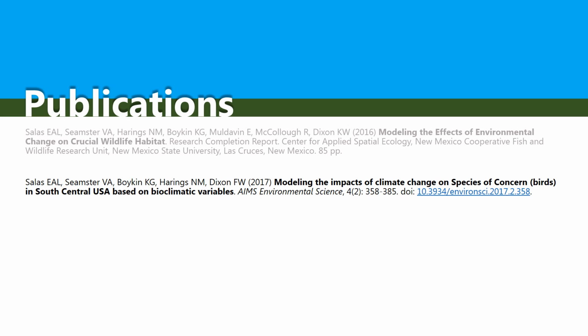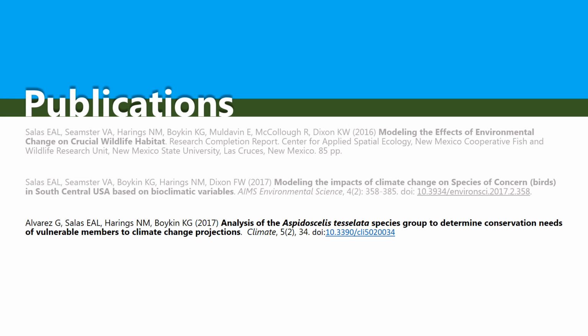And you can find this one in the link provided here. The next paper was focused on the whiptails, and it is now available via the journal Climate. This paper uses the RCP 4.5 and the RCP 8.5 instead of the RCP 2.6 and the RCP 8.5 that we used for the report.